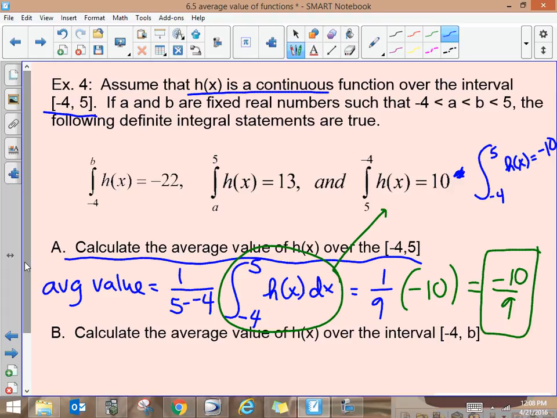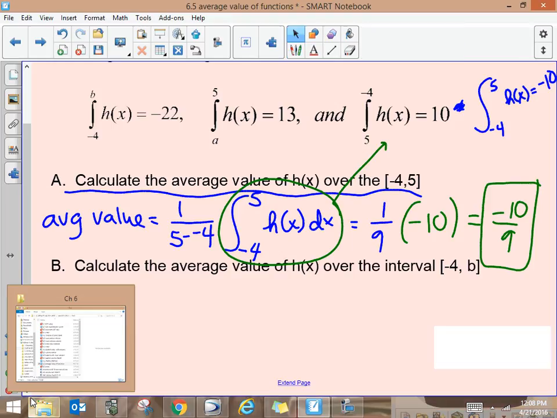Okay, calculate the average value on -4 to B. It's weird because you don't know B. You're not supposed to be finding B. You're just supposed to be manipulating the interval.